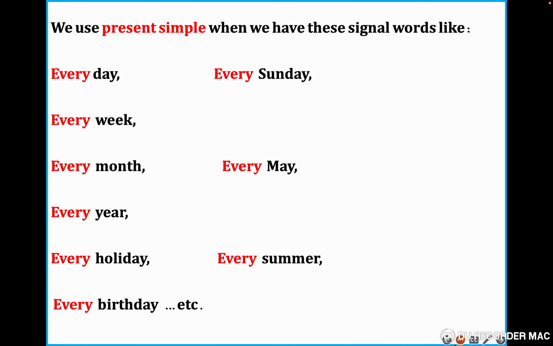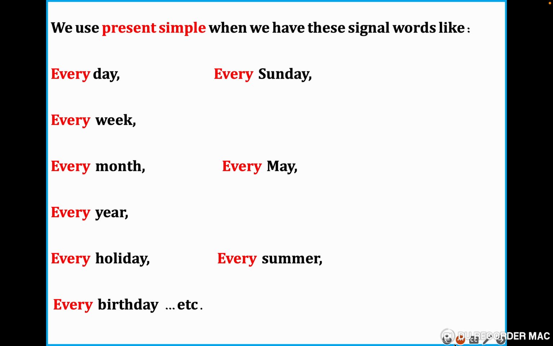We use present simple when we have these signal words like every day, every Sunday, every week, every month, every year, every May, every holiday, every summer, every birthday. So remember, when we have the word every, you should use present simple.